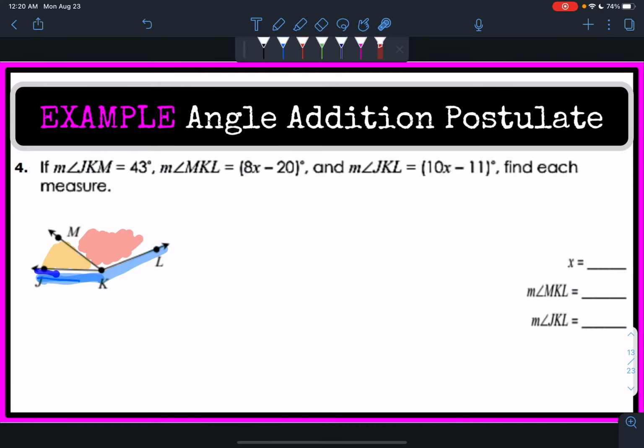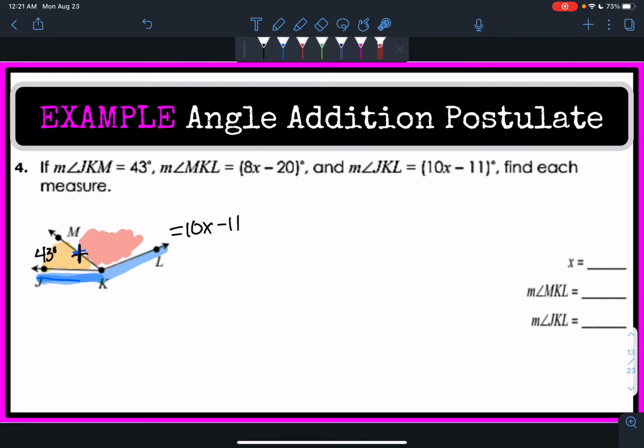Well, the measurement of JKL, that one right there, is 10x minus 11. So adding the orange and the red, that has to equal 10x minus 11. Well, let's see what the measurement of the orange one is. The orange one uses the letters J, K, M. That's 43, so this is equal to 43 degrees.